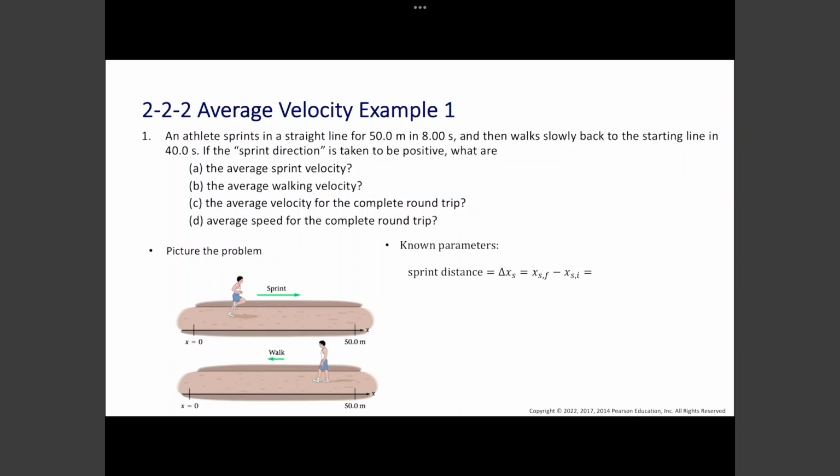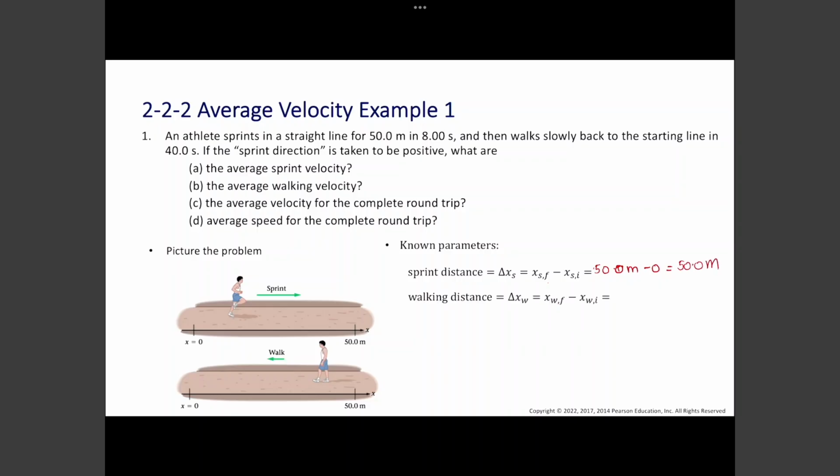The sprint distance is final position minus initial position. Here s is sprint, f means final and i means initial. So the final position is at 50.0 meters. Initial position is at 0. So the sprint distance is 50.0 meters.